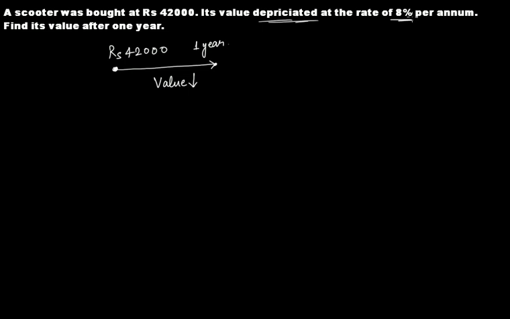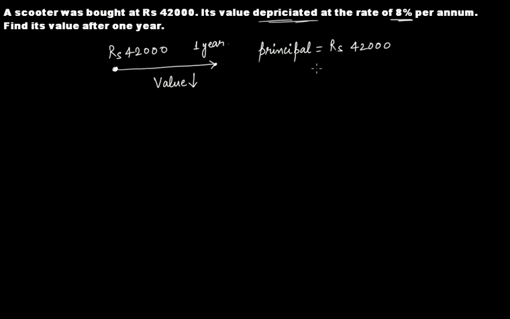If it is depreciated at the rate of 8%, clearly you can take this initial value, that is the price of the scooter, as the principal amount, that is rupees 42,000. Now its value is decreasing at this rate.